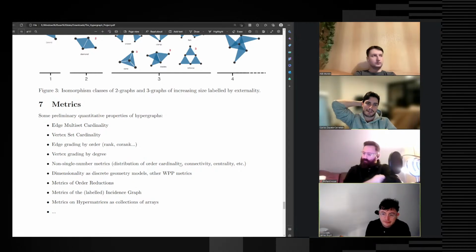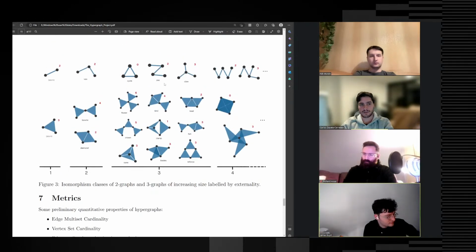So you want to attach numbers to your motifs. This graphic in particular is an example of assigning two kinds of numbers. One is size, which I'm calling the number of edges. These are always connected, so that's why it makes sense. And then these red numbers represent what I called externality, which is just the number of vertices that are dangling, right?